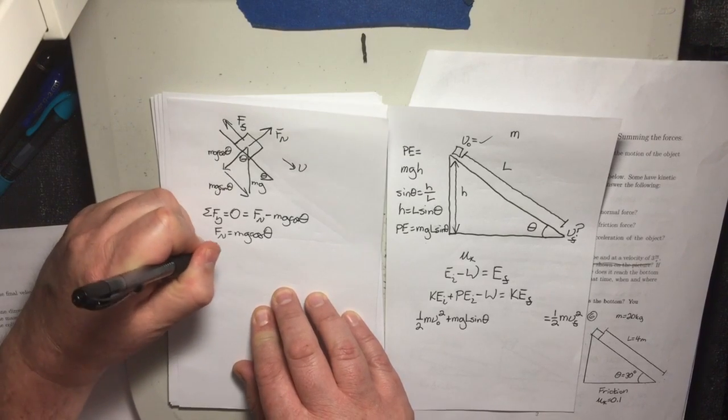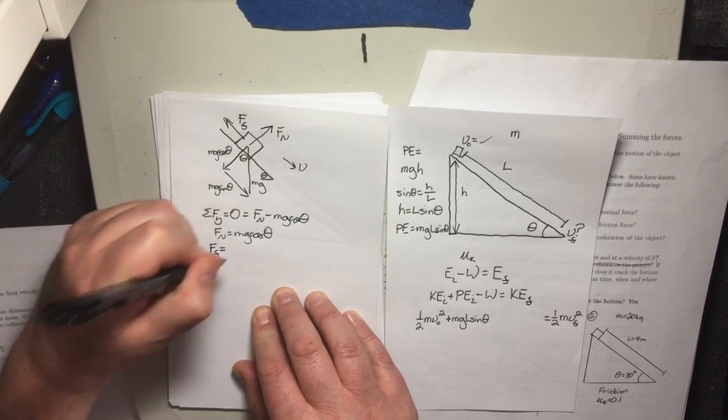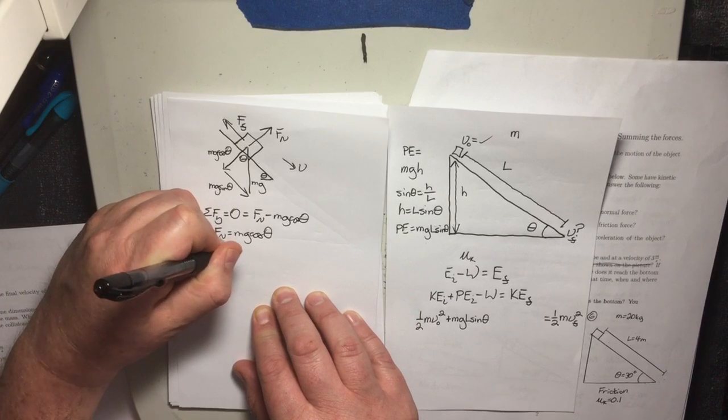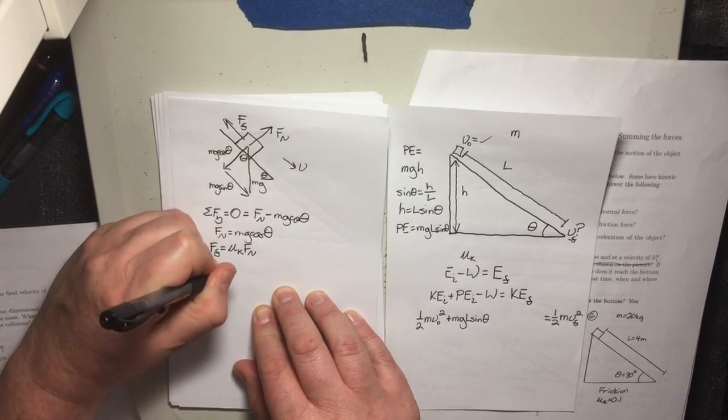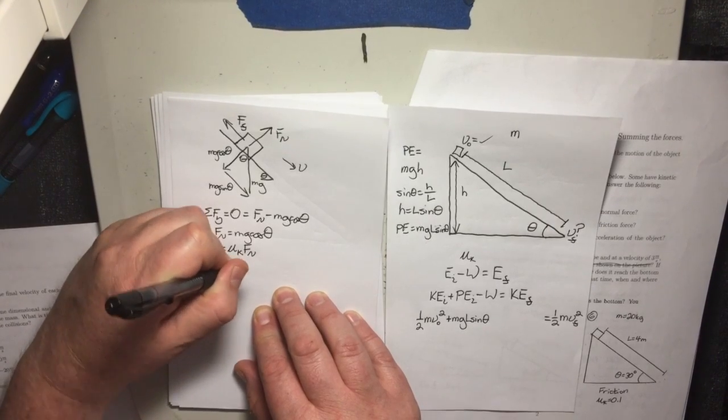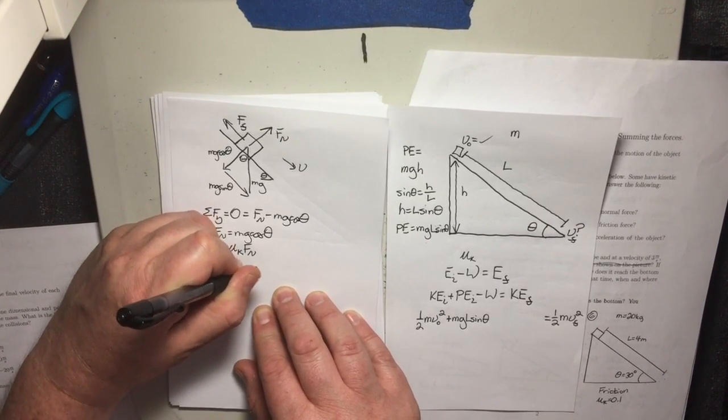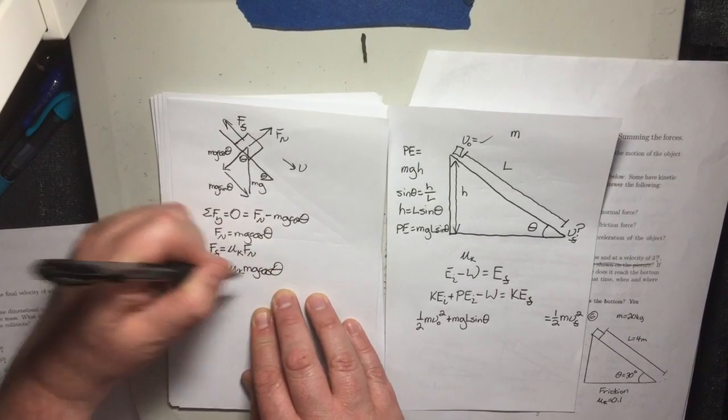The friction force is mu sub k times normal force. So this is mu sub k mg cos theta.